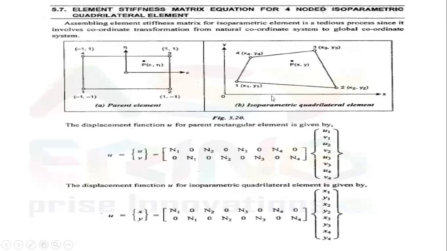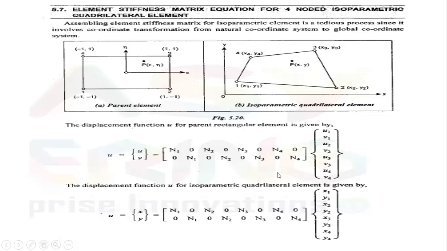So there is a major difference. Another thing is that the magnitude of the eta and zeta values will be at most 1. But in case of the isoparametric element, that is global coordinates, it depends upon the x and y values, so it can be more than 1. That is the major difference between these.